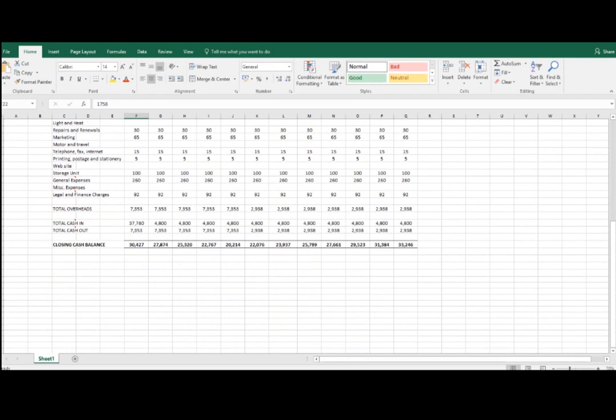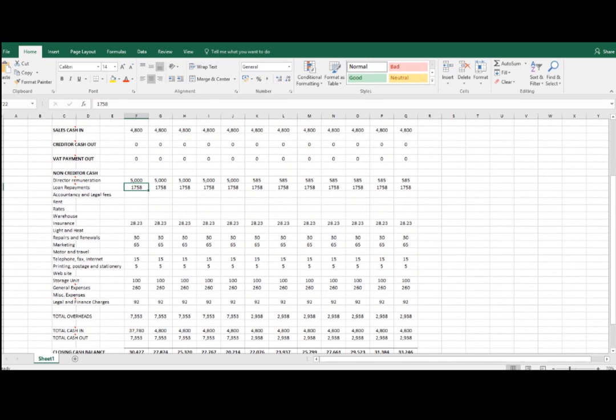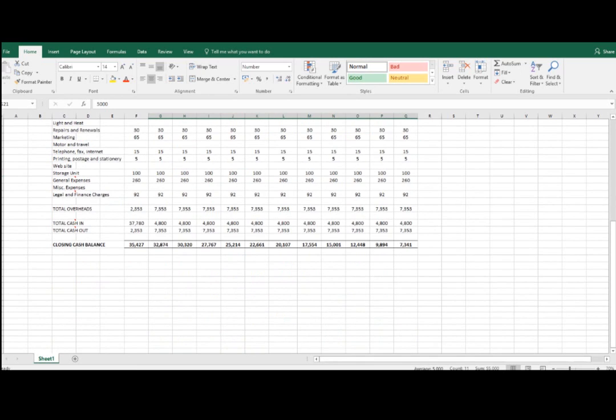So just changing this, you can see it's coming down: 30, 27, 25, 22. If this was your household cash flow statement, or a company cash flow statement, you would be getting concerned, because it looks like in another 4 or 5 months' time, there's actually going to be no cash left in the business.